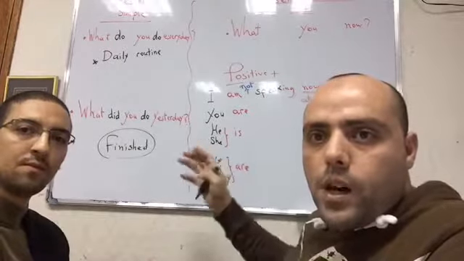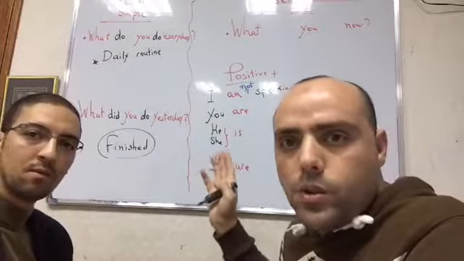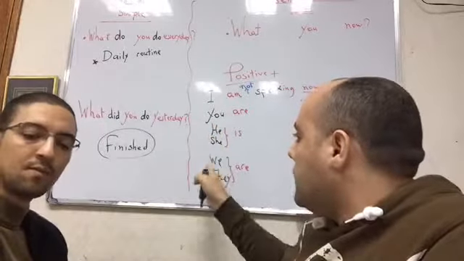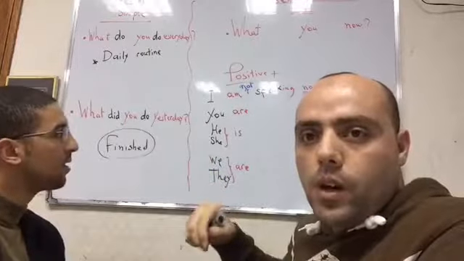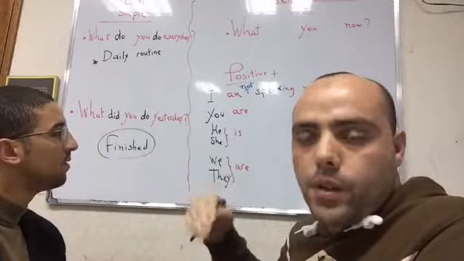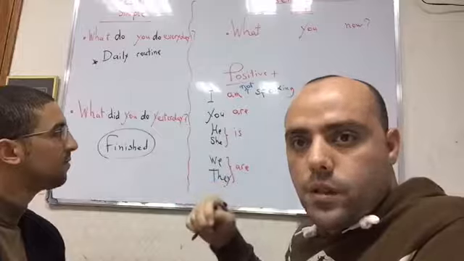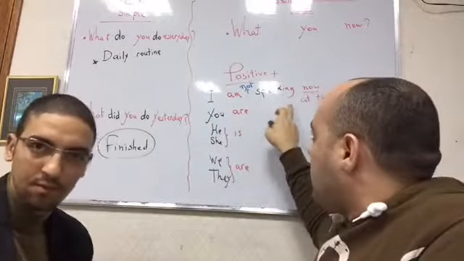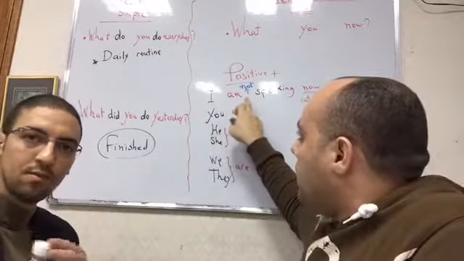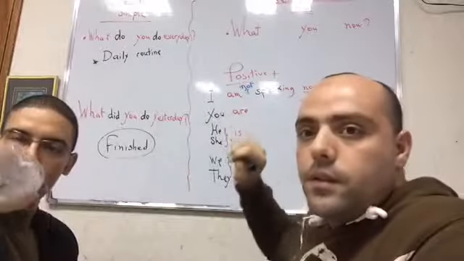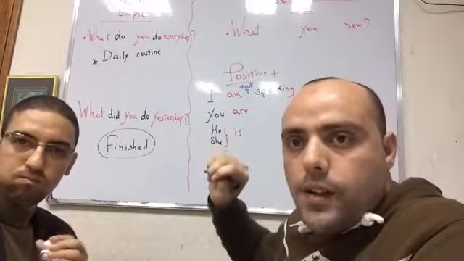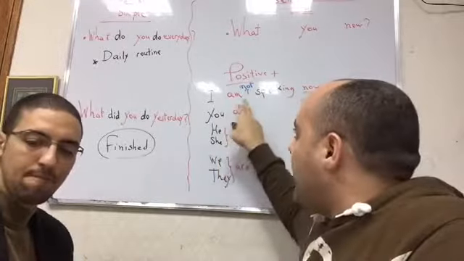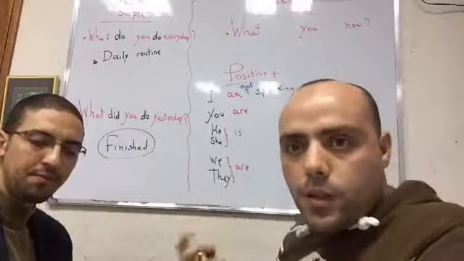With I, we always use am. With you and the plurals, we use are. And with the third person singular, we use is. So here on the board you have I am speaking now. We're going to add the negative, not, after the verb to be. So it will be: I am not speaking right now.